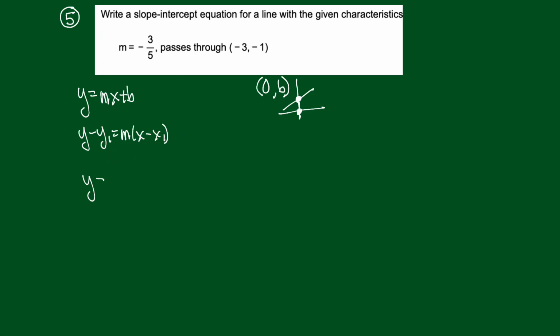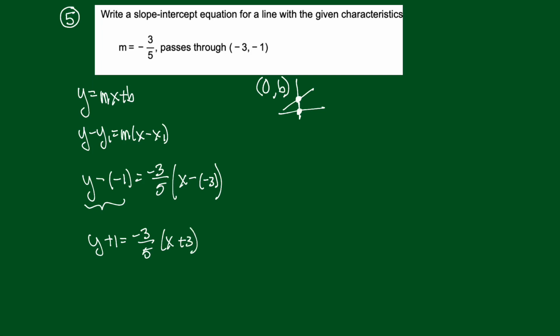So I have y minus y1, which is negative 1, equals m, that's our negative 3/5, times the quantity x minus x1, and x1 is that first x right here, negative 3. So put the negative 3 down here. So it'll be negative 3, close it off. Let's simplify over here. We'll get y plus 1 equals negative 3/5 times (x plus 3).